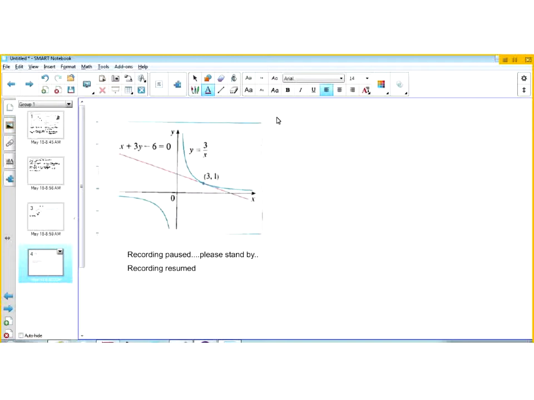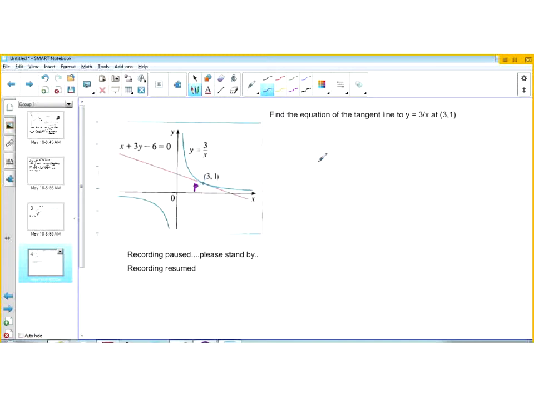And the question we're pursuing is, we want to find the equation of the tangent line to the hyperbola y equals 3 over x at (3, 1). And this is your point P.